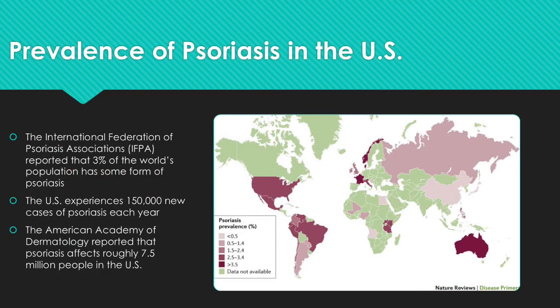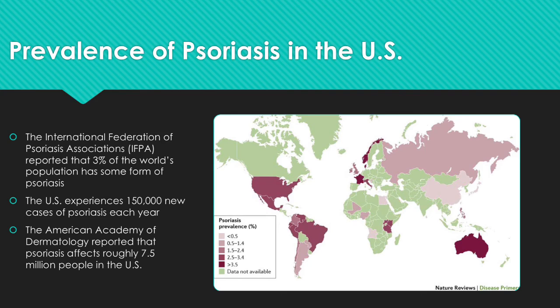And so looking at the prevalence of psoriasis in the US, the International Federation of Psoriasis Associations, or IFPA, reported that 3% of the world's population has some form of psoriasis. In the US alone, 150,000 new cases of psoriasis are diagnosed each year.